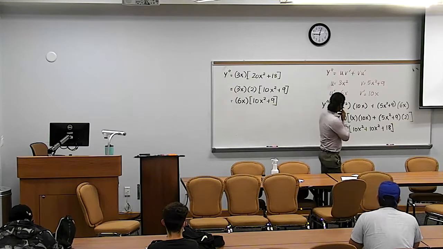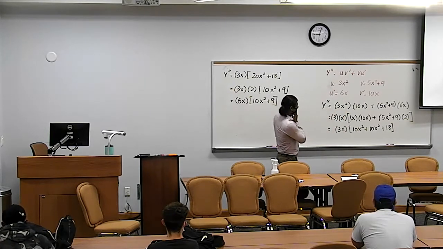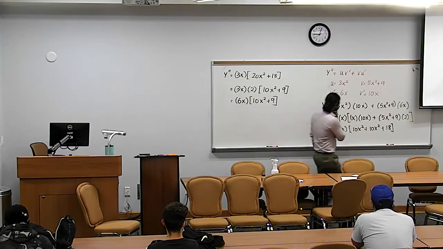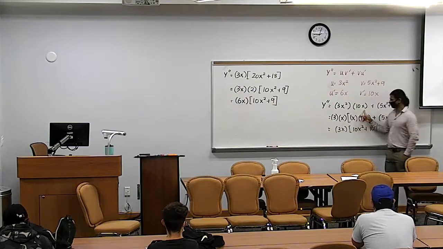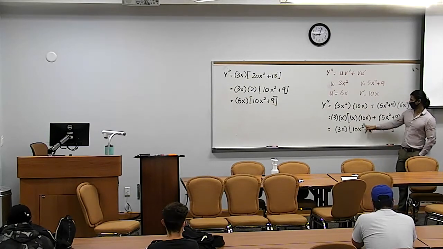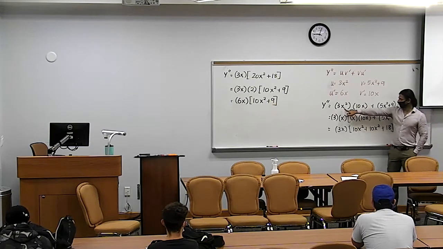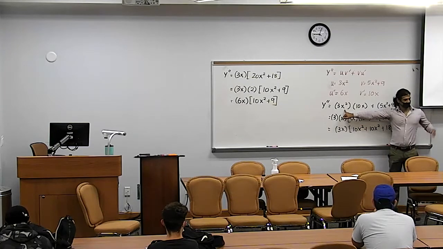When we pulled the 3 and the x out for the first time, why is that 10x untouched? So we pulled out the 3 and the x, but then that 10x stayed the same. Okay, so I had x squared here, right?